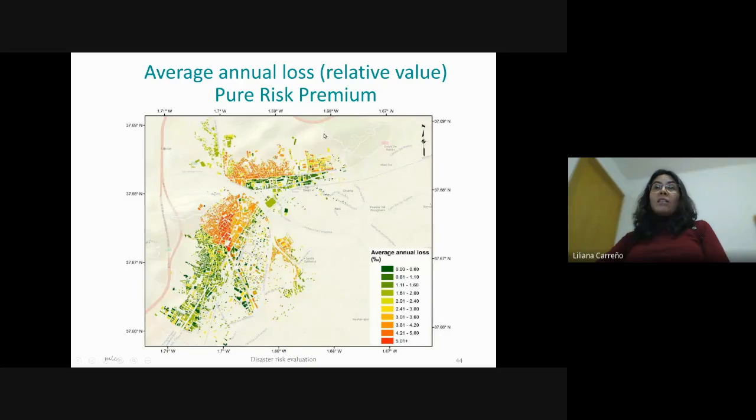And this result now in a relative value is also named the pure risk premium. Somebody can think now of insurance. Well, this is related to the insurance.